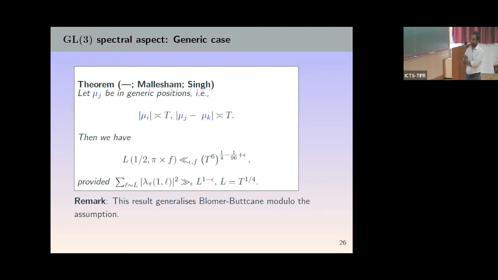Here we need to assume that the summation over L of size capital T, with L taken to be prime, has L2 coefficients that should be like L to the power 1 minus epsilon. Here L is like T to the power 1/4 for us. In this way, in this result, we generalize the Blomer-Buttcane result, modulo this assumption. We will talk about this assumption a bit more later.